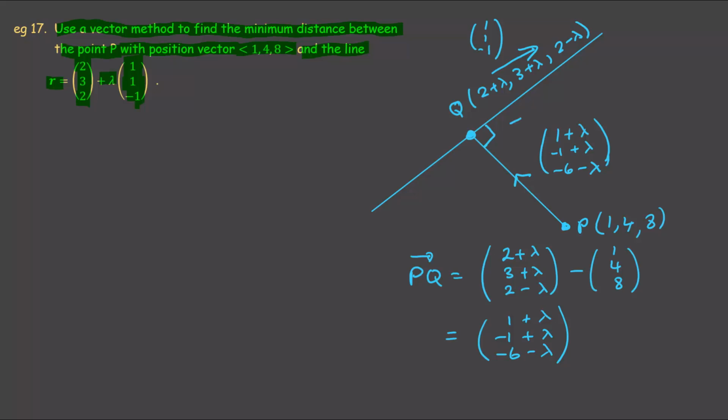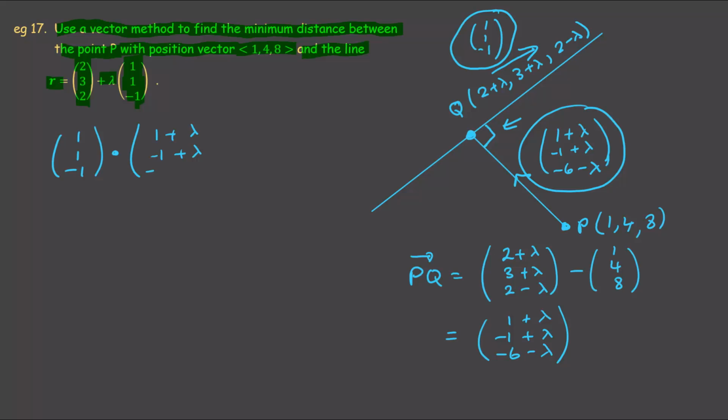And we know that this is a right angle, so if we dot the direction of the line with this vector, we should get 0. So we have (1, 1, negative 1) dot (1 plus lambda, negative 1 plus lambda, negative 6 take lambda) is equal to 0.